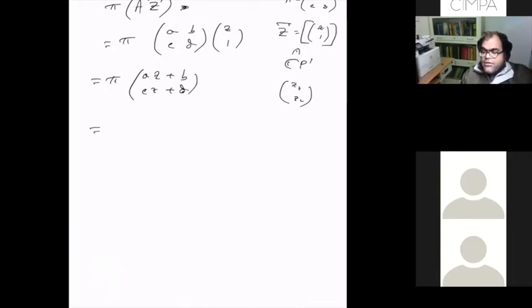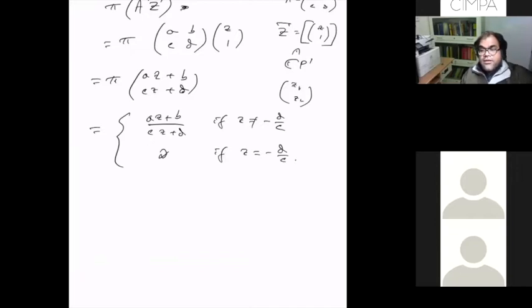Now, what is the function that we defined earlier? That was (AZ+B)/(CZ+D) if Z is not equal to -D/C, and infinity if Z equals -D/C.